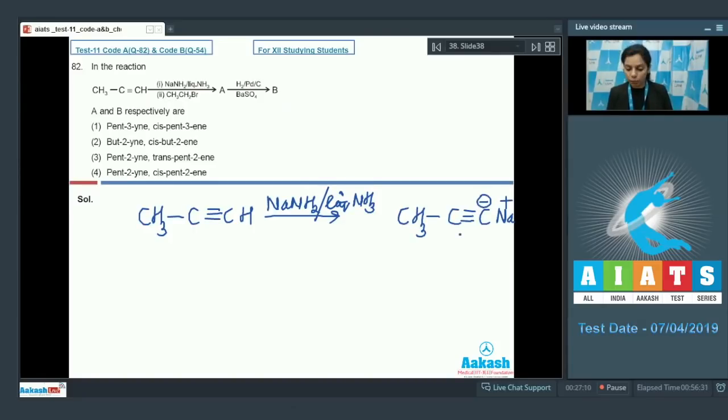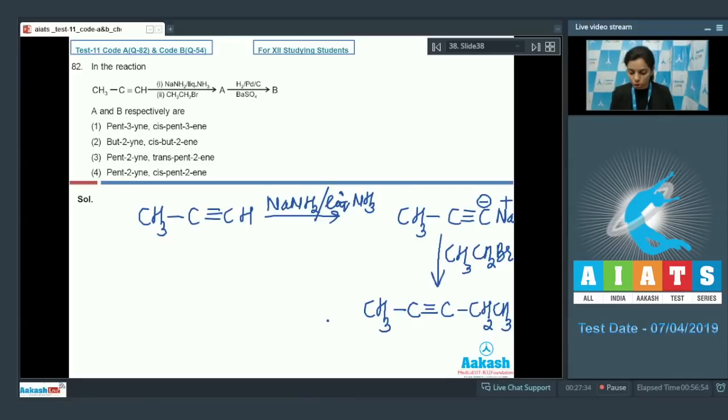Sodium propynide, you can say. Now, it's further treated with CH3CH2Br. In this case, the product is resulting in chain enhancement, CH3C triple bond C CH2CH3. This would be the product. Now what we are going to do is treat this A with hydrogen.